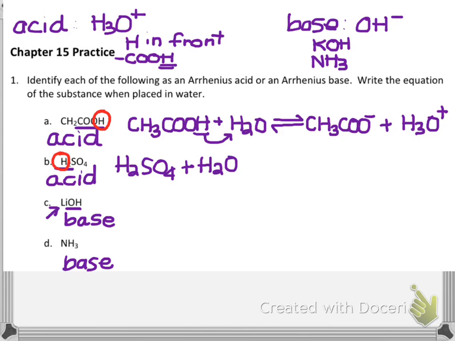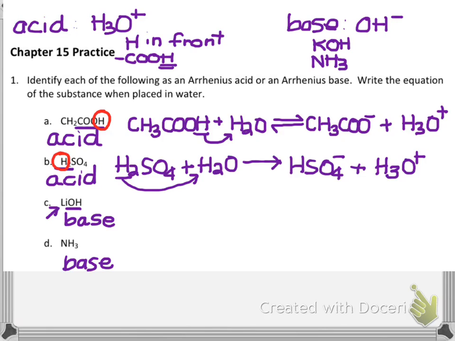This sulfuric acid is a strong acid, so it has a straightforward arrow. Now I'm going to take one of the hydrogens off, and it's going to go to the water, actually the H+. So I have HSO4- left with a negative, and then the H+ goes to the water, and it's H3O+.